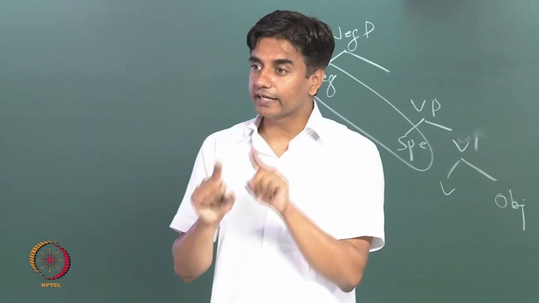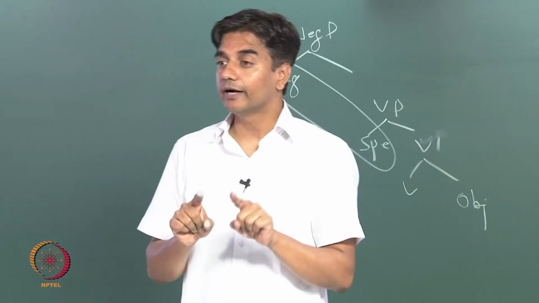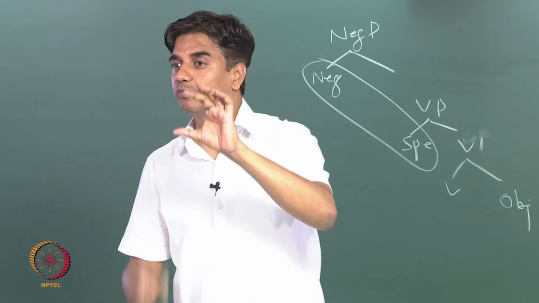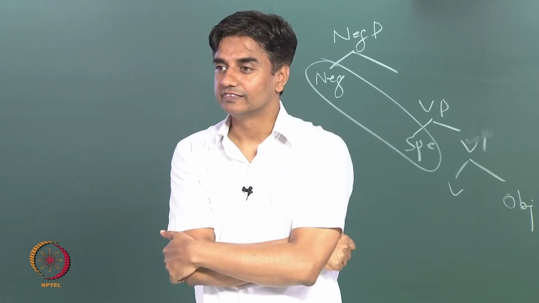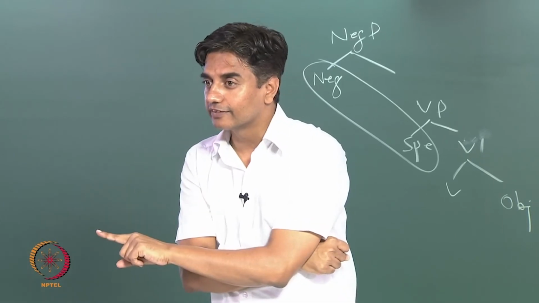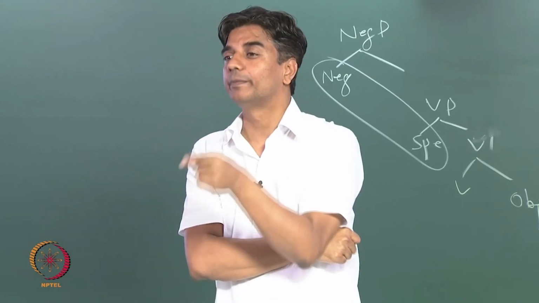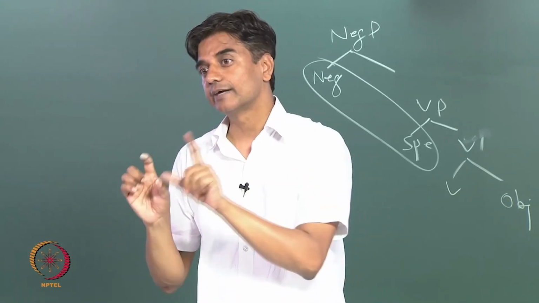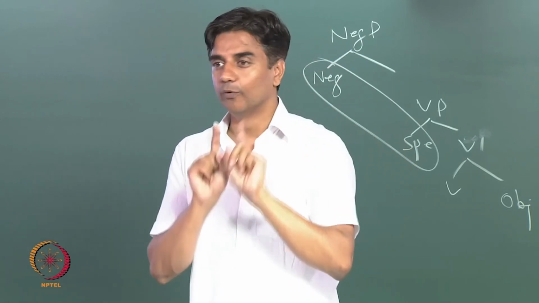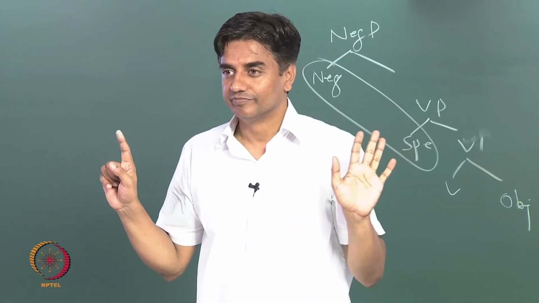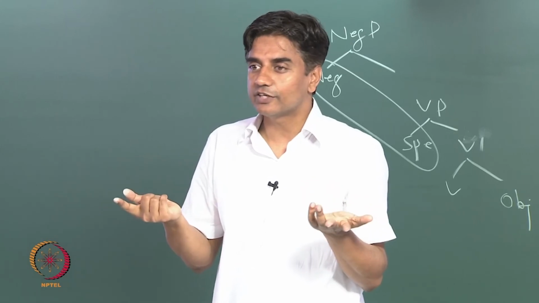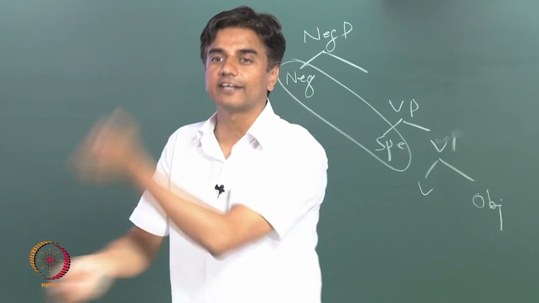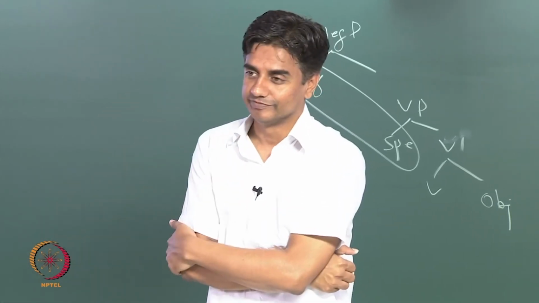Licensing of negative polarity item therefore becomes evidence for ordering of movement operations. Only after the element is licensed by negation, if the need happens to be that way, can subjects move. See, movement of subject is for every sentence, but licensing is related only to sentences where you have a negative polarity item and a negative word.